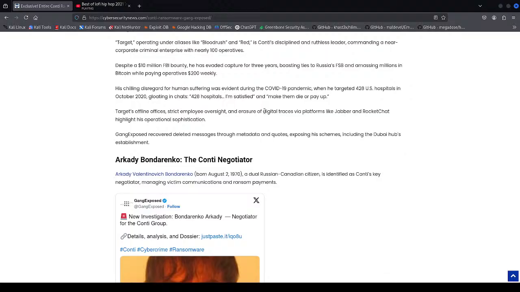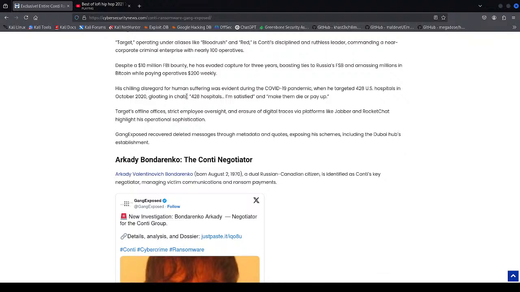Alright, guys, so his chilling disregard for human suffering was evident during the COVID-19 pandemic when he targeted 428 U.S. hospitals in October 2020. Loading in chats, 428 hospitals. I'm satisfied, and make them die or pay up.